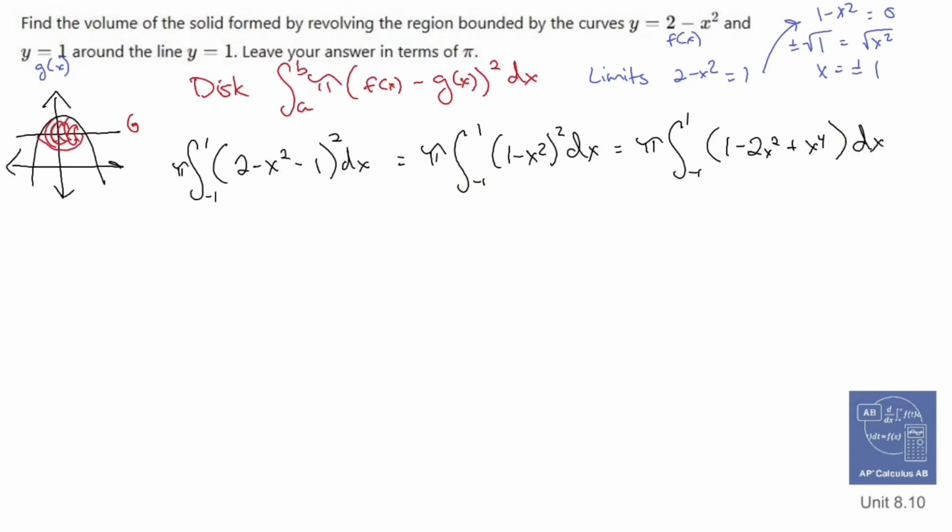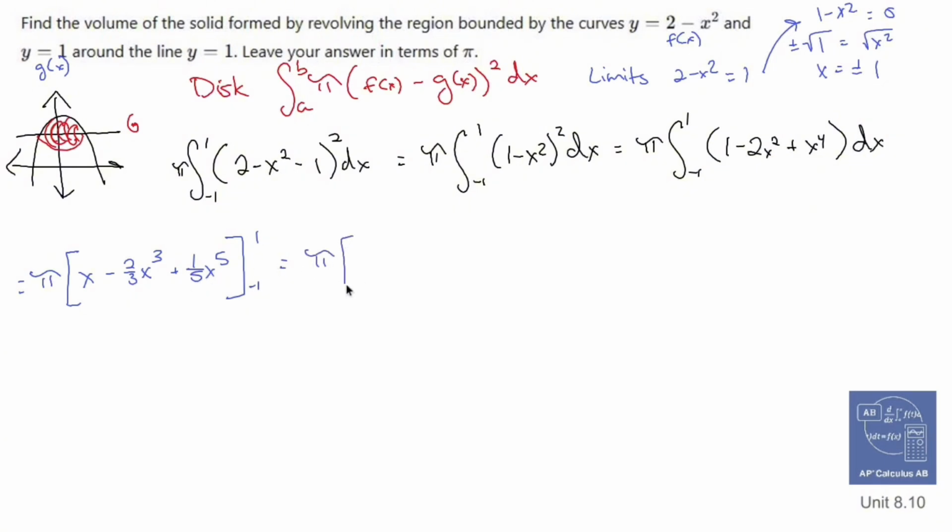Now it's time to integrate. Pi is still going to live out there. The integral of 1 is x. Then negative 2x squared becomes negative 2/3 x cubed. Then x to the fourth becomes plus 1/5 x to the fifth, with my limits from negative 1 to 1. Now we plug stuff in.